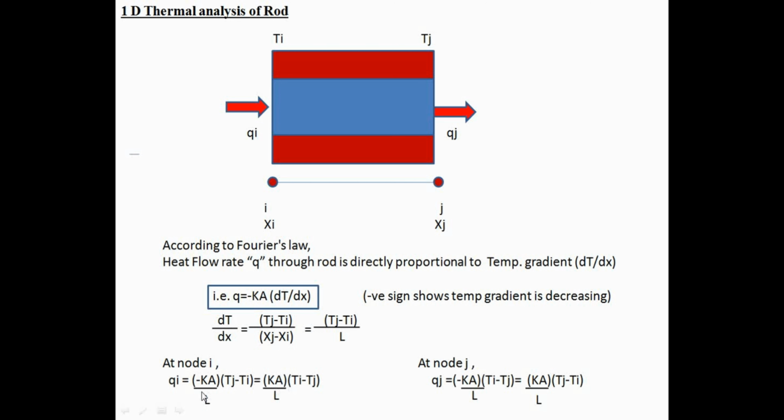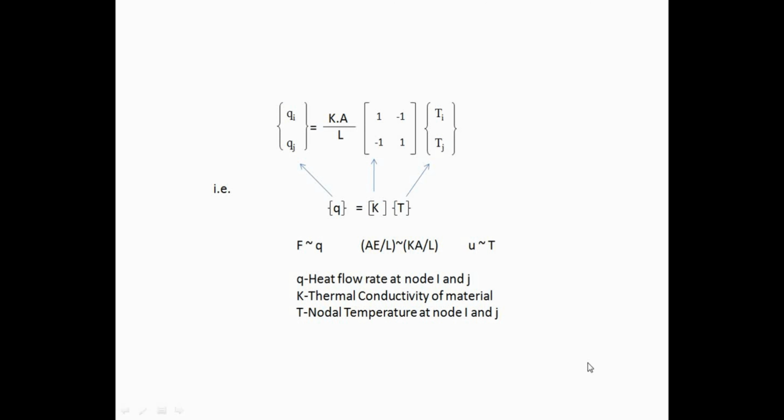Multiplying the minus sign inside the bracket, it gives KA divided by L into (Ti minus Tj). Similarly at J node, Qj equals minus KA upon L (Ti minus Tj), which is KA upon L (Tj minus Ti).